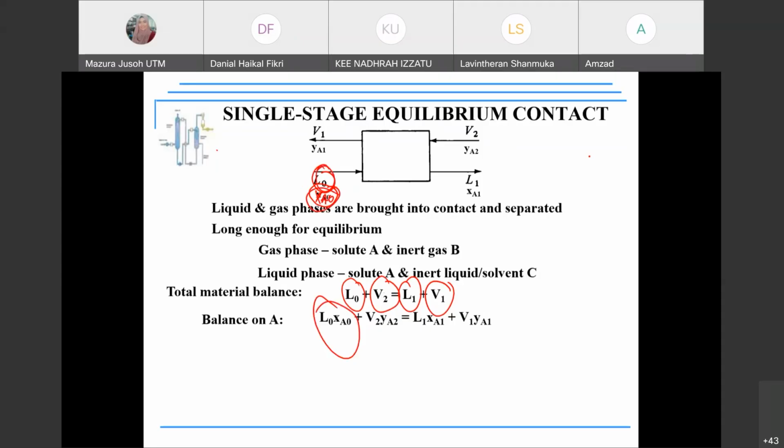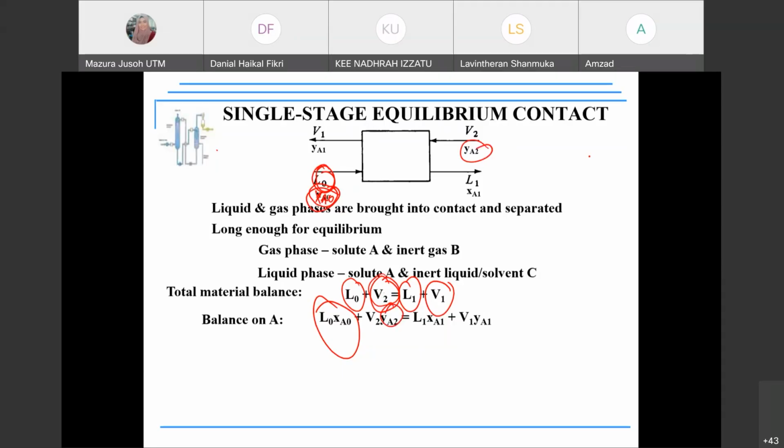Then you will look at V2 next. What is the mole fraction in V2? The mole fraction of A in V2 is YA2. So you multiply by YA2.